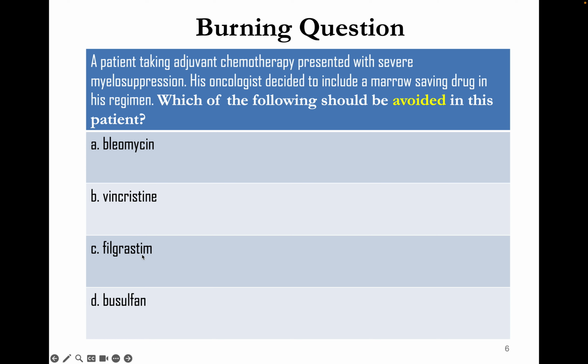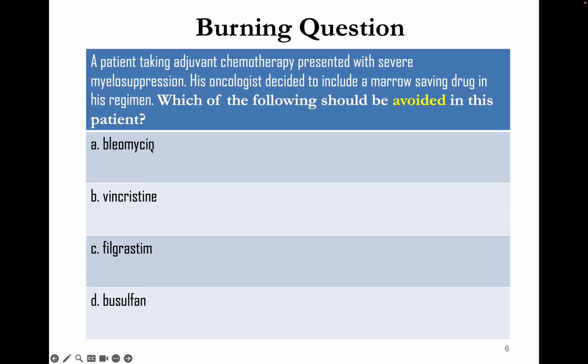Bleomycin, vincristine, filgrastim, and busulfan. The question is which should be avoided. That means the patient is experiencing bone marrow suppression or myelosuppression. So you need to save the bone marrow. So that means you need a drug which will not show any bone marrow suppression.